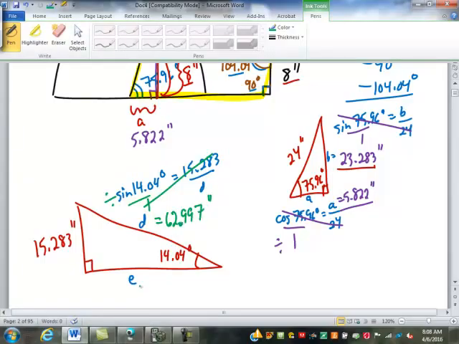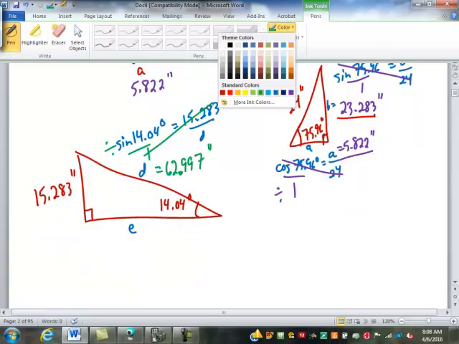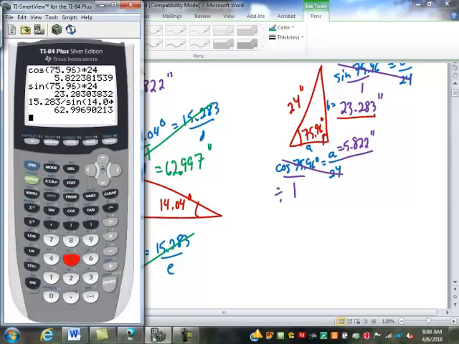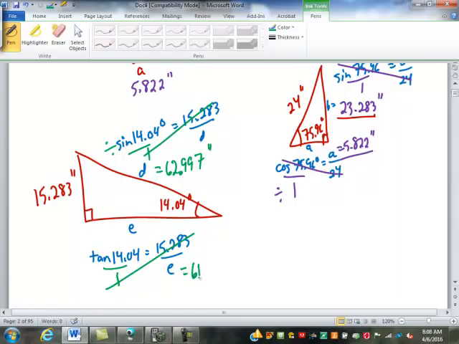Down here, this is going to go off a tangent of 14.04 equals 15.283 is the opposite over E is the adjacent. So 1 times 15.283 is 15.283 divided by the tangent of 14.04. 61.115 inches.